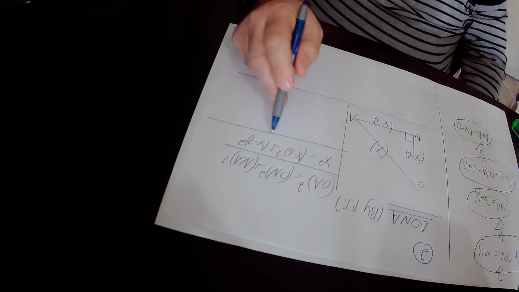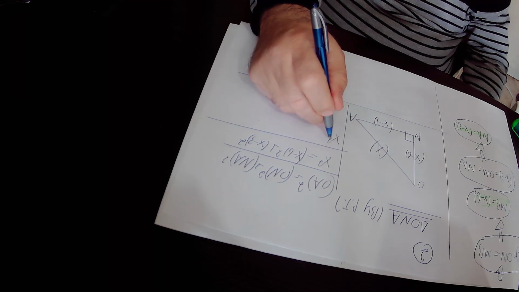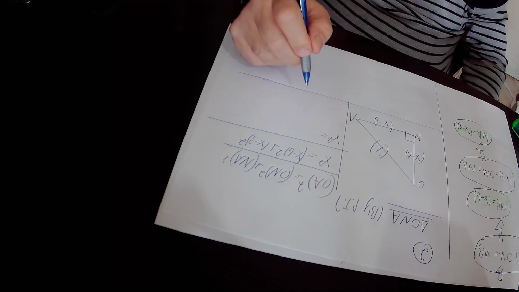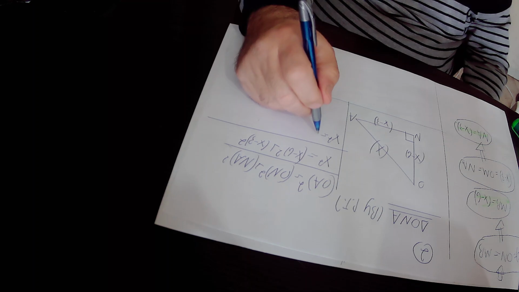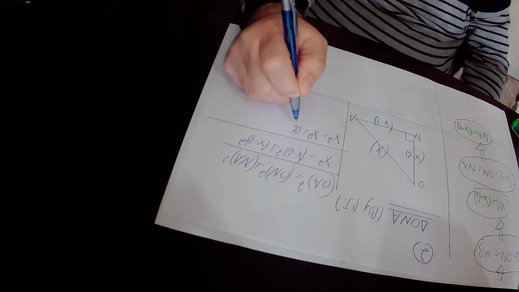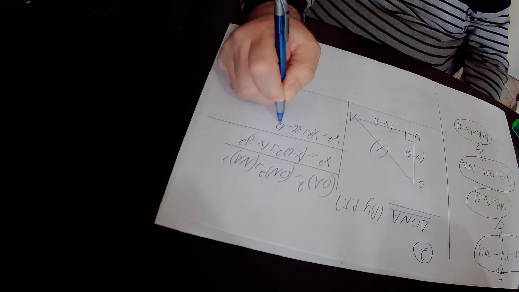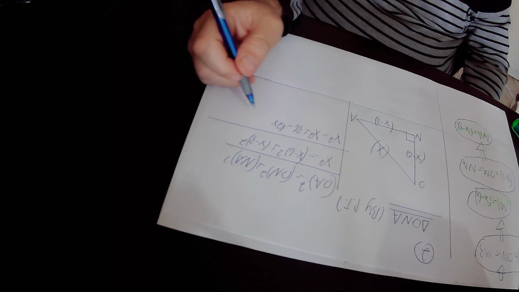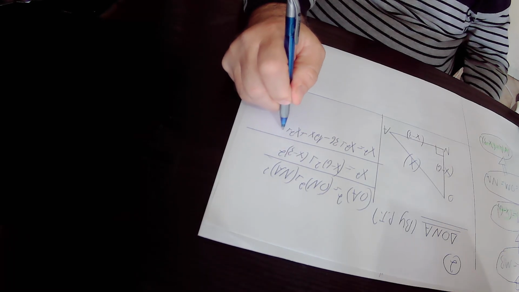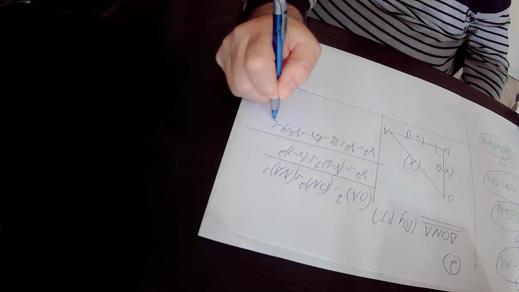Here we'll open the brackets on this side of the equation, and we will get that x squared equals x minus 6 squared. X minus 6 squared equals x squared plus 6 squared, that is 36, minus 2 times x times 6, that is minus 12x, plus x minus 3 squared. X minus 3 squared equals x squared plus 3 squared, that is 9, minus 2 times x times 3, that is minus 6x.